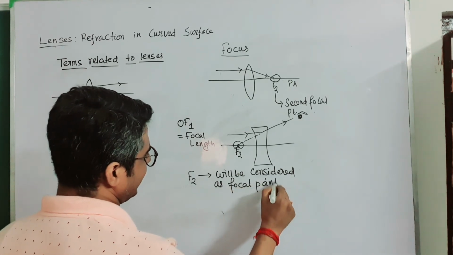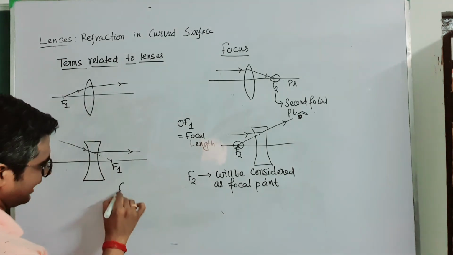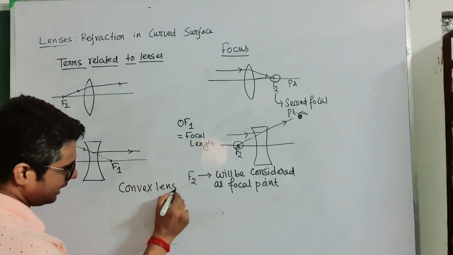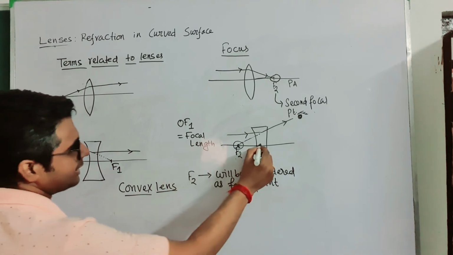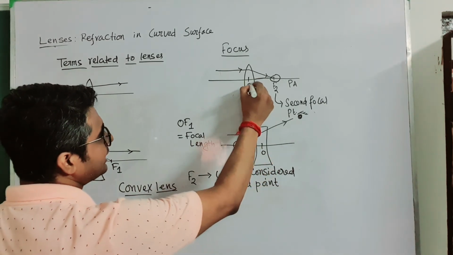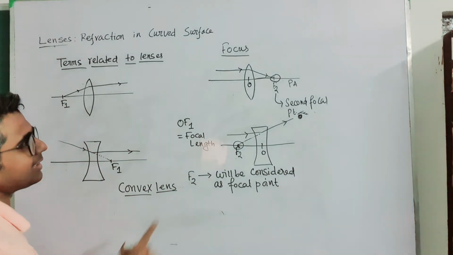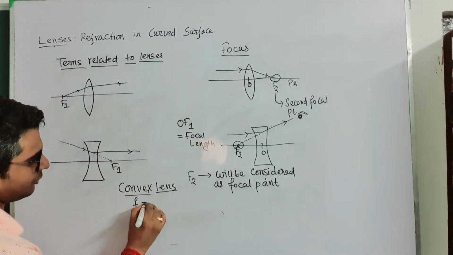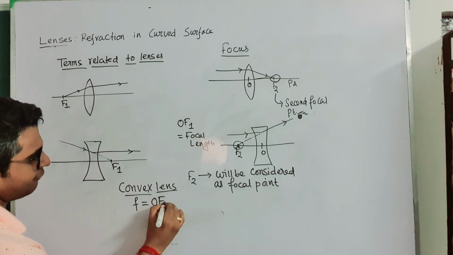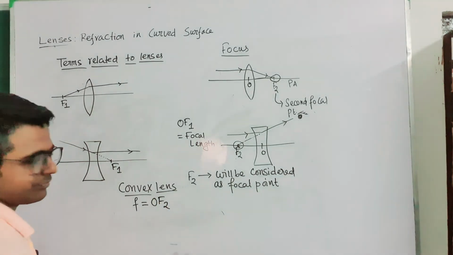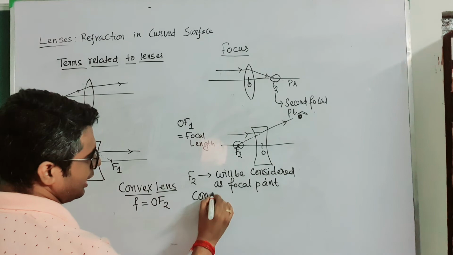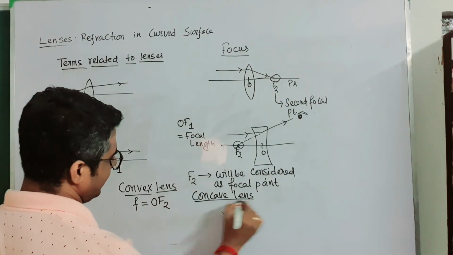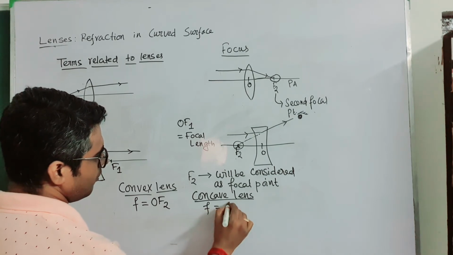So in case of convex lens, if somebody asks what the focal length is in this diagram, the focal length will be OF2. For concave lens, the focal length will be OF1.